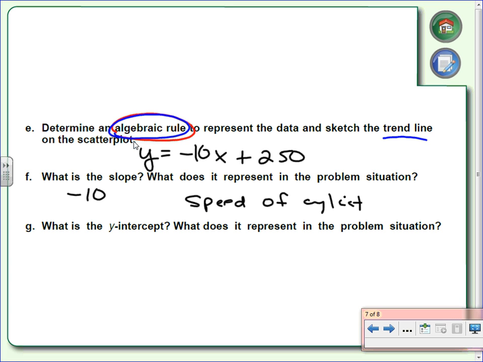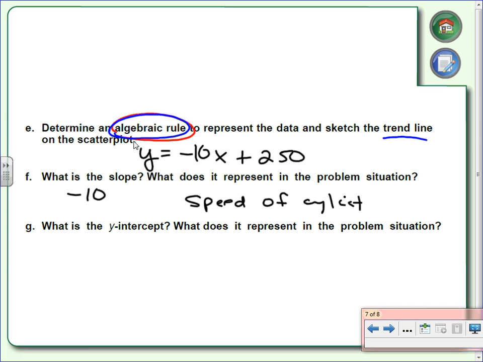Well, it's the same thing. How many miles he's going every hour, which is the speed, right? Miles per hour. Just like on your car. Miles per hour is the speed of the car. Same thing. If you were to put that on the test, you'd be correct. Speed of the cyclist. How fast he's going. How many miles he's going every hour.